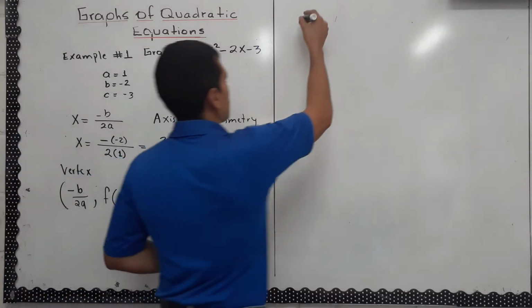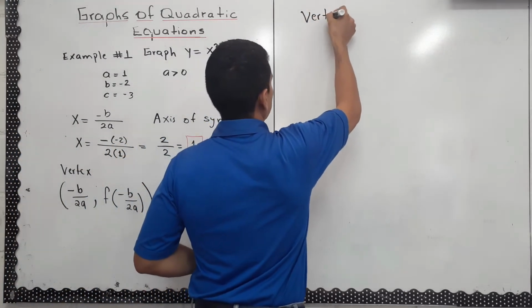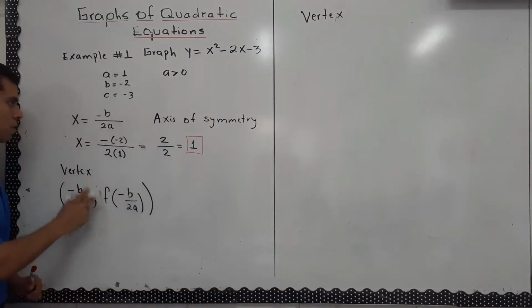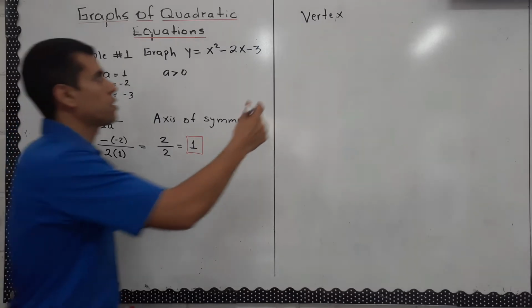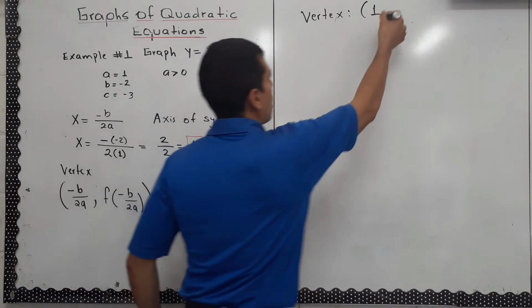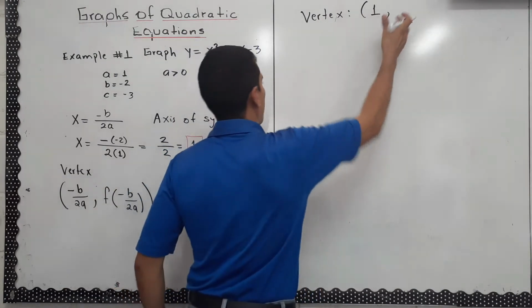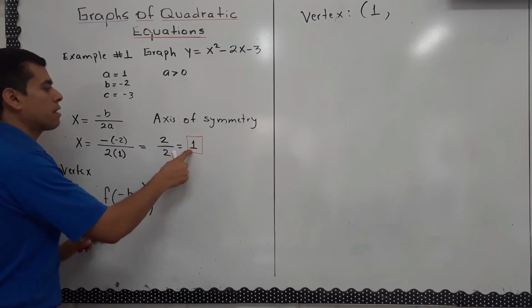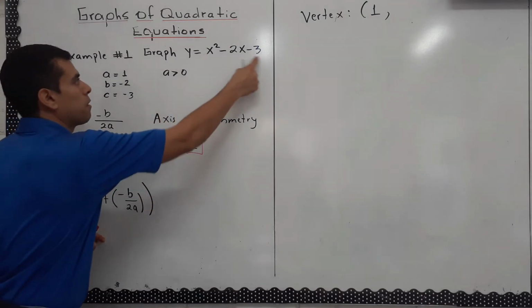So for the vertex, we have the first part. Our first part is this one that we found here. So it's going to be 1, comma. And we are going to find the second part. The second part is going to be replacing the 1 inside the function.